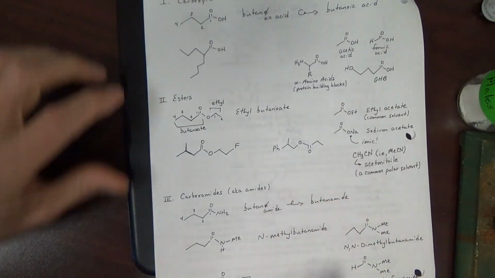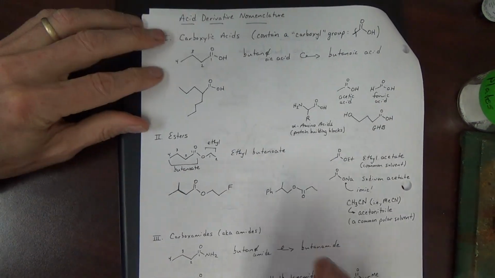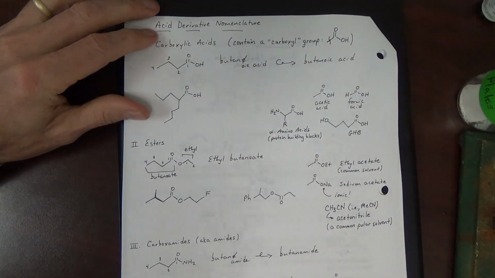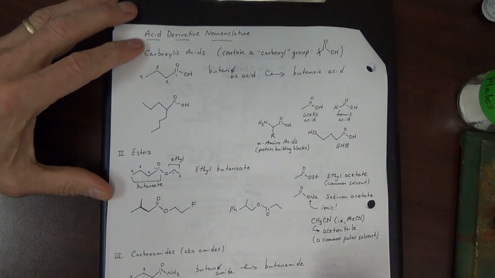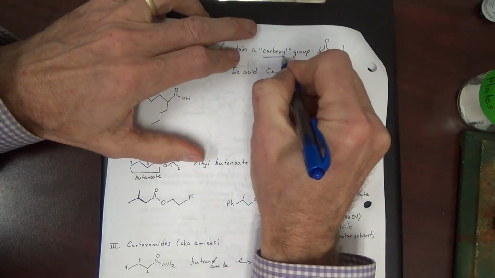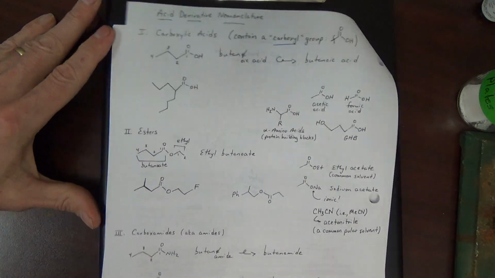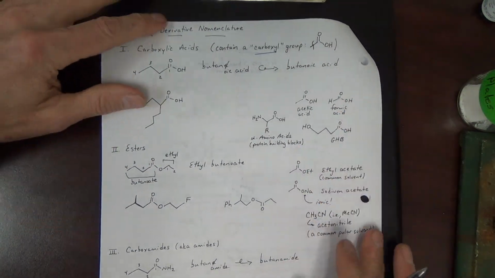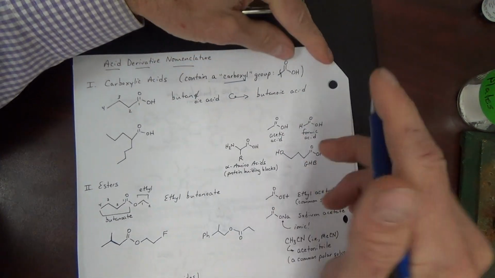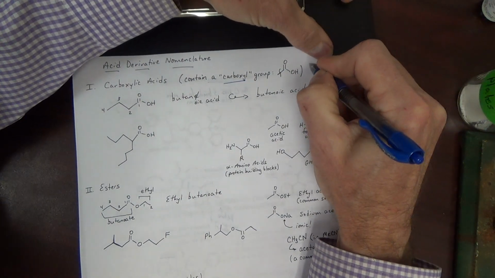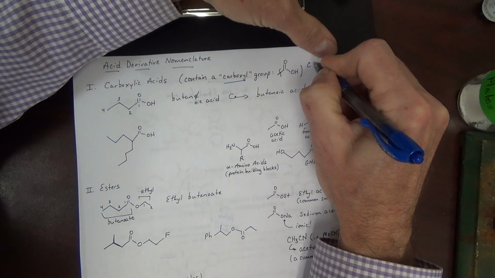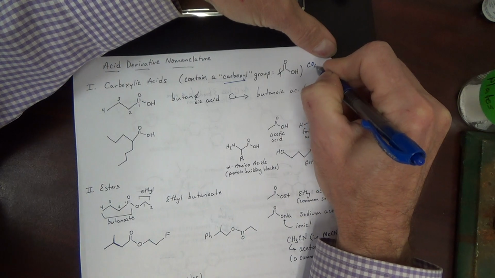Let's take a look at nomenclature. Nomenclature of acid derivatives. Let's start with carboxylic acids. These, of course, contain the carboxyl group. Okay, carboxyl group. Can be shown like that. We can show this condensed. It can be shown as CO2H.